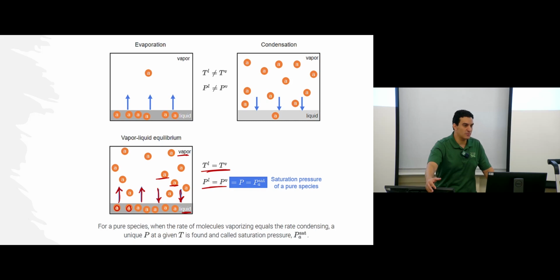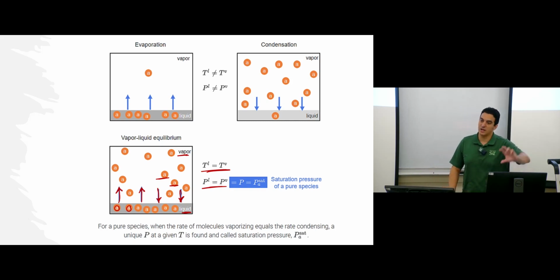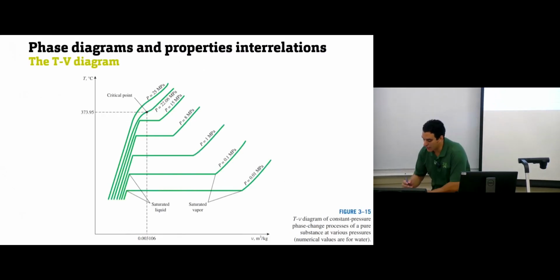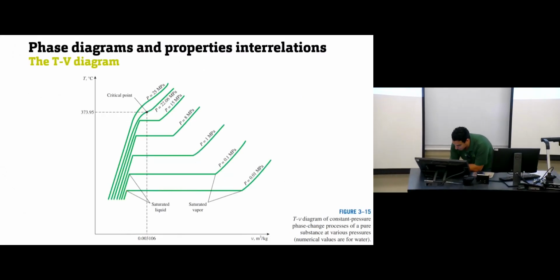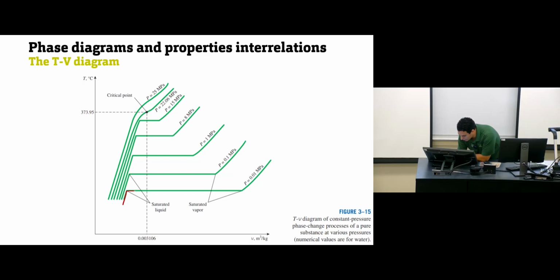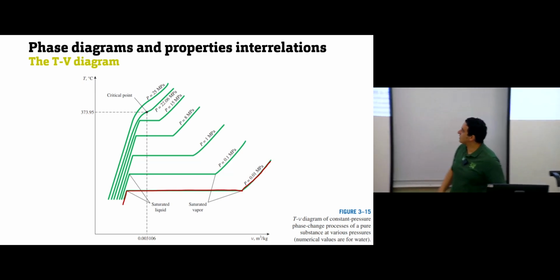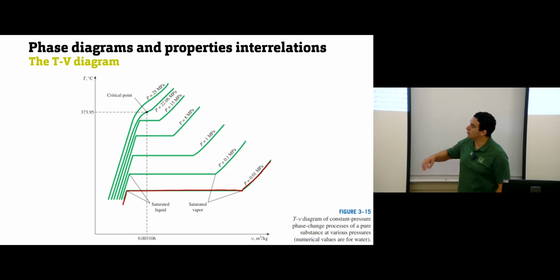We have phase diagrams. We started with the first one, the TV diagram. Y-axis is temperature, X-axis is volume, and this phase diagram looks like this. It has temperature change, then constant temperature that represents the phase change, then the curve goes up like this again. So this is the TV diagram, temperature volume diagram, for any substance we have.